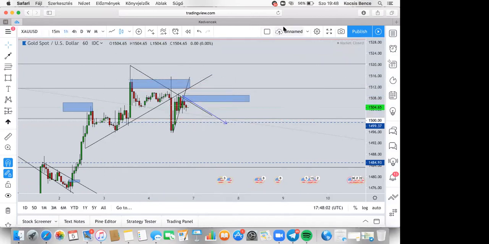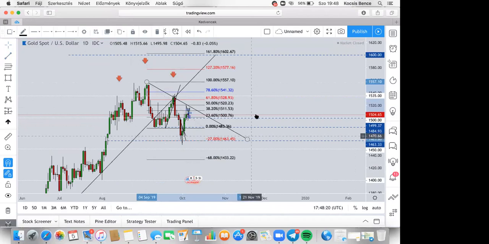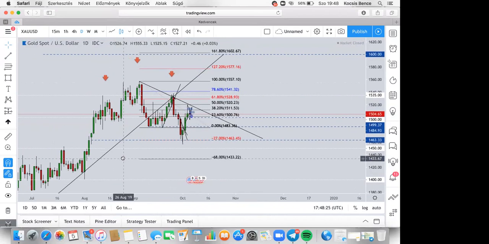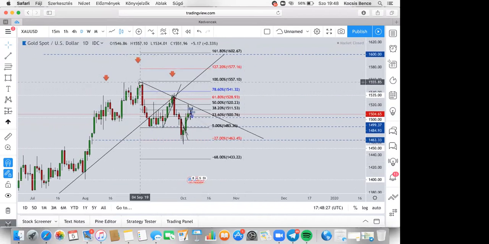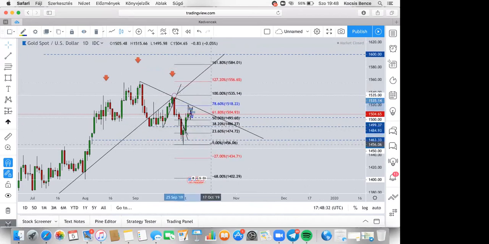Okay, I think that was the session today. Would you have shorted the Bears W on the daily? Yeah, it looks like the price was close to that level, and you see it looks like it tapped the 78.60.